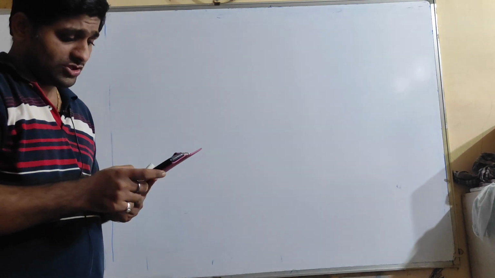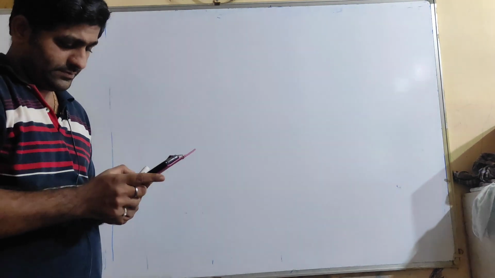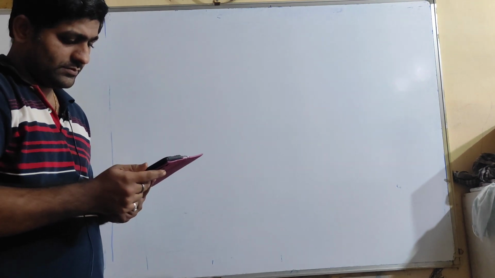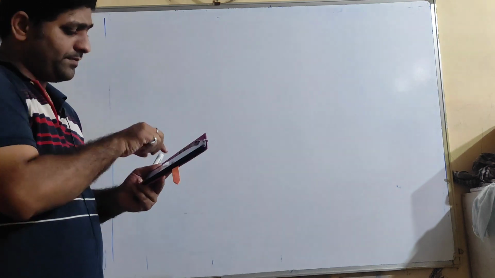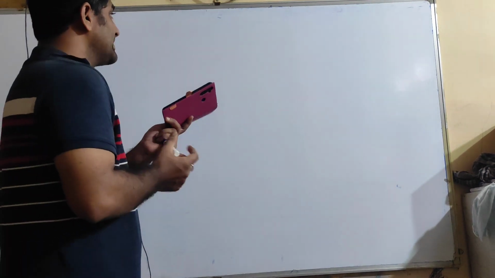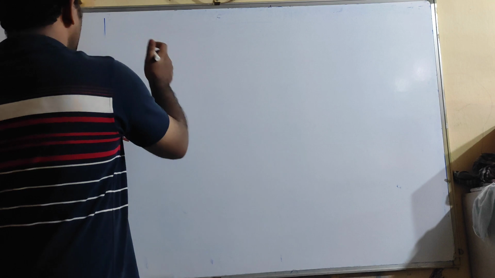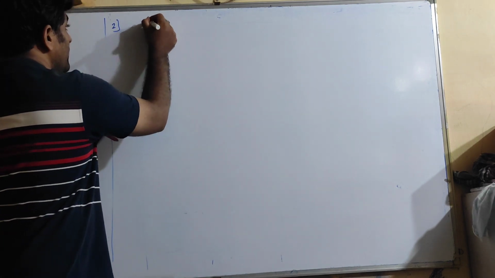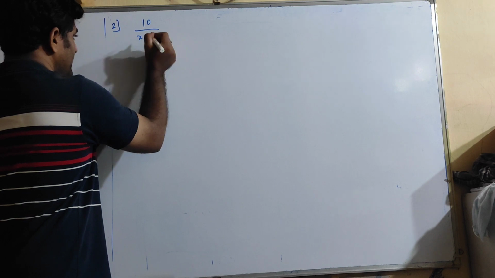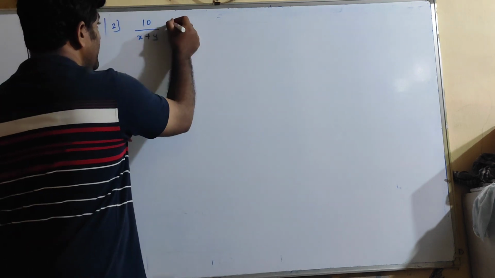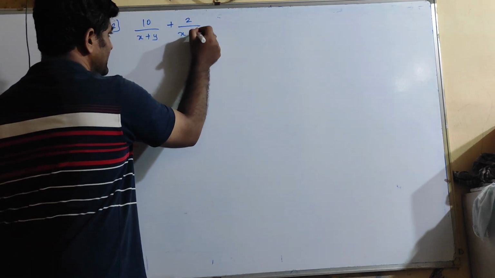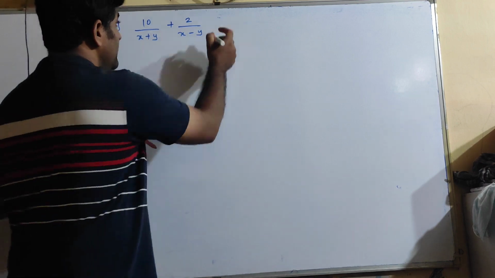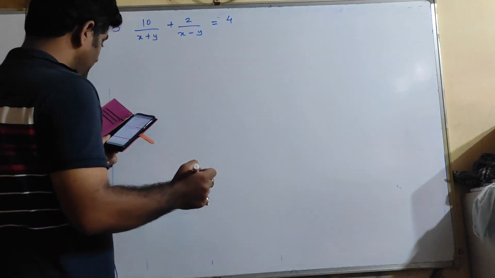Let's understand, students, further. Next sum from this same practice set, question number 2. Let's see what they have given. 10 upon x plus y plus 2 upon x minus y equal to 4.